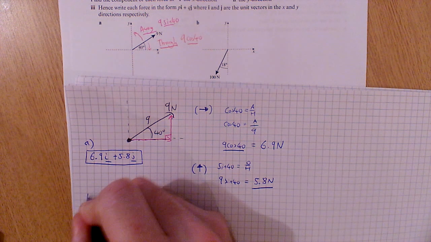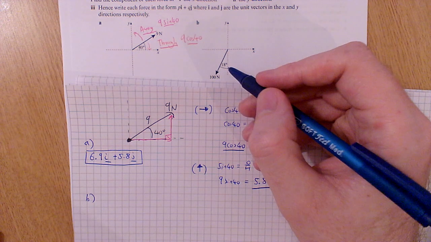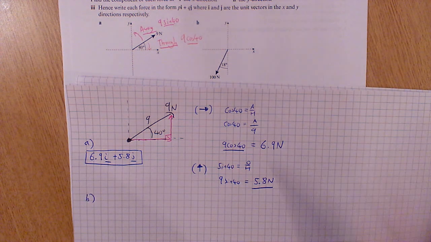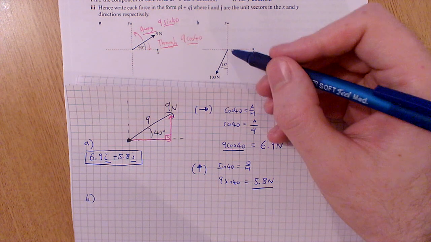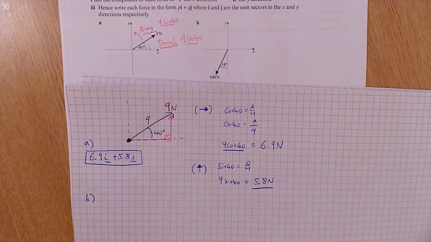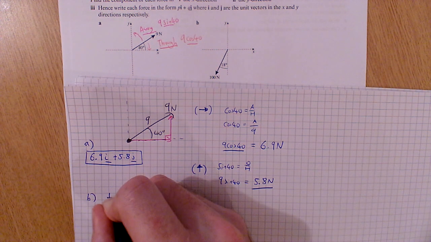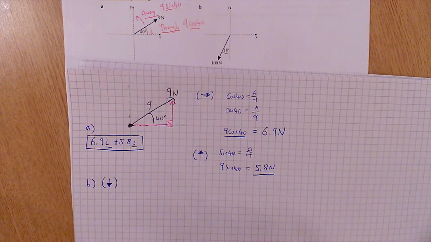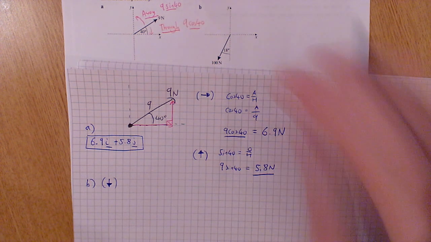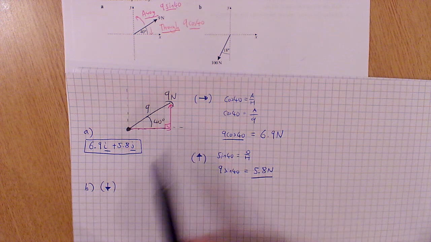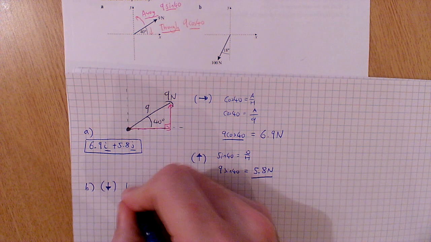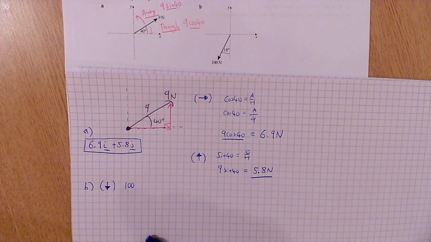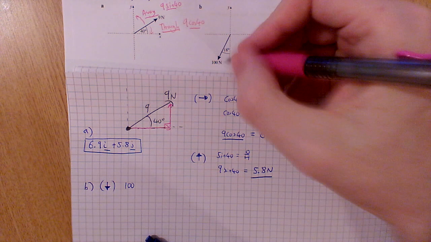So in part B, I look at my diagram straight away and I would like to resolve it. I'd like to know the vertical component and the horizontal component. This time it's going down, so I'm going to do this down, and remember that I've gone down when I come to the sign later. If we want to resolve it, we look at the diagram, we've got 100, and then we look at what movement gets us from that 100 to the vertical.